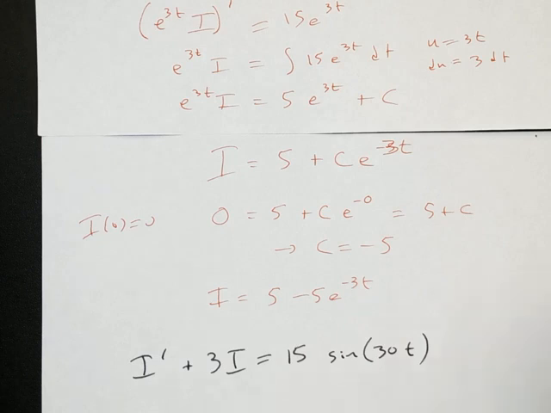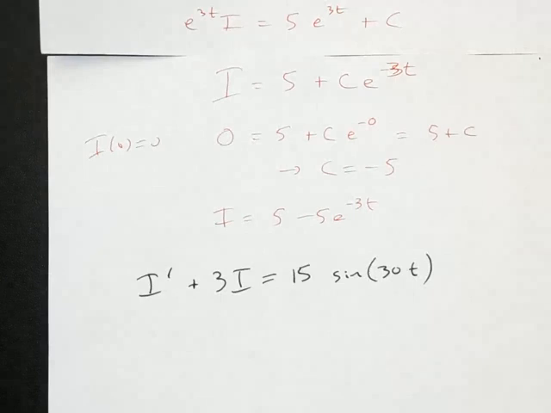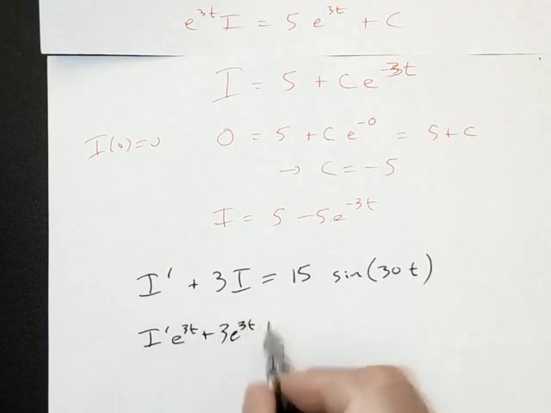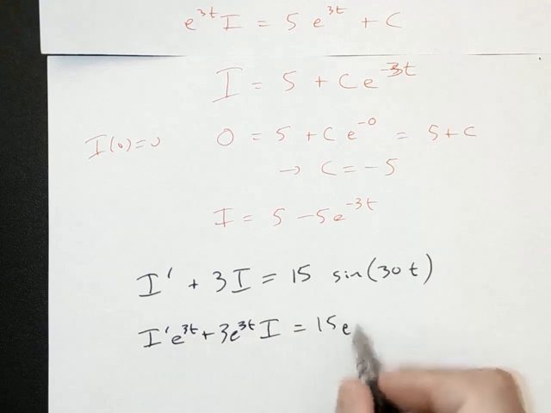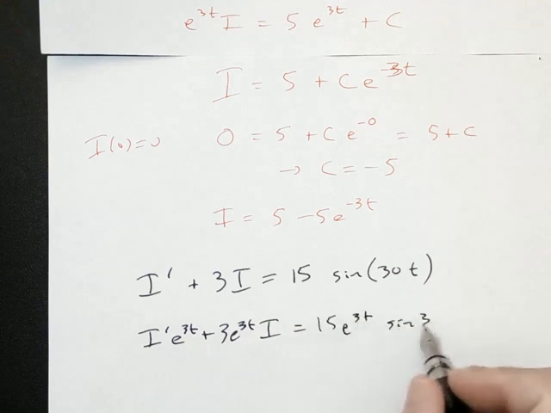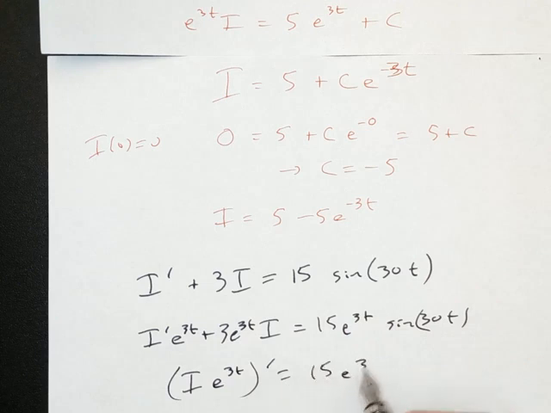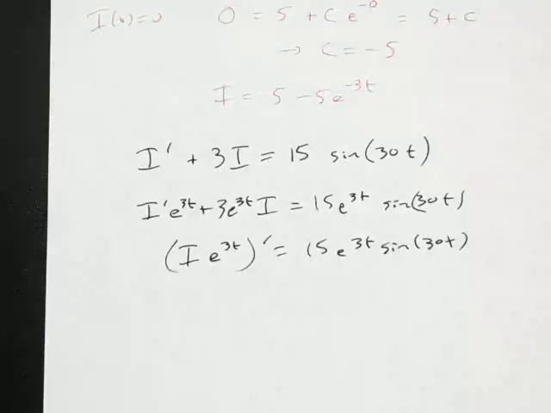But if I go through the same process, my integrating factor is e to the 3t. Which means over here on the left, I end up with a derivative.